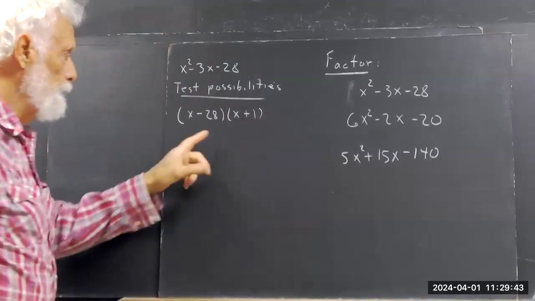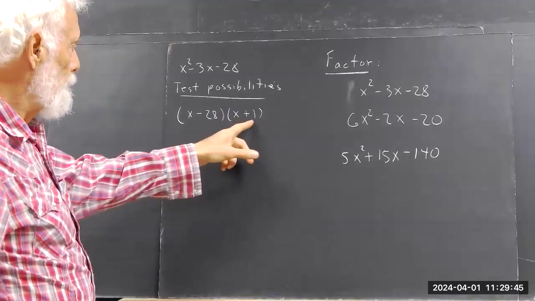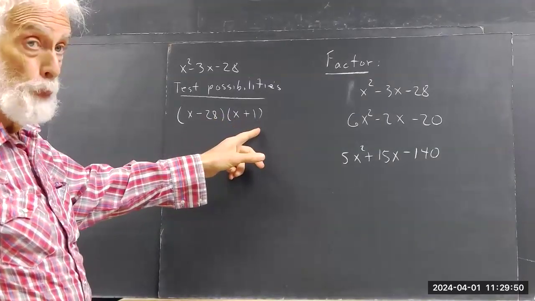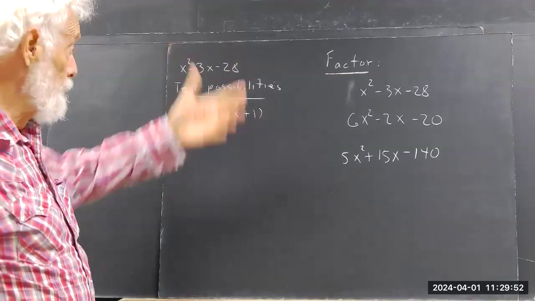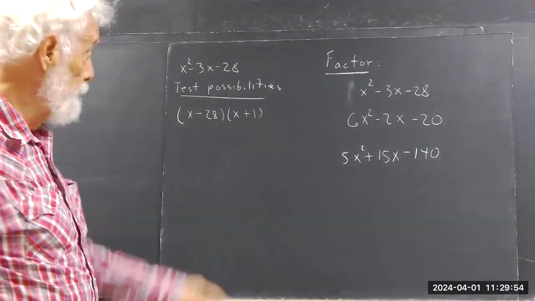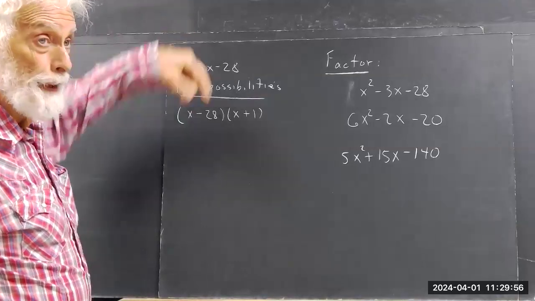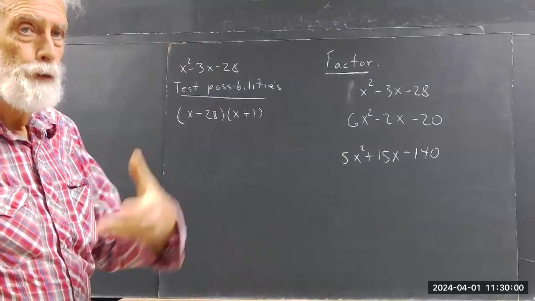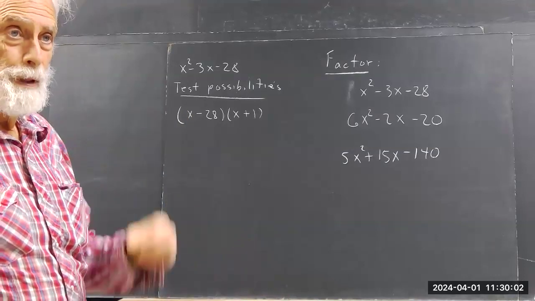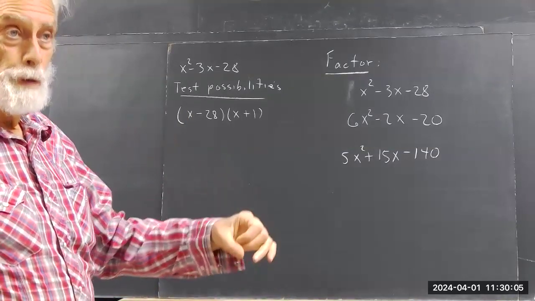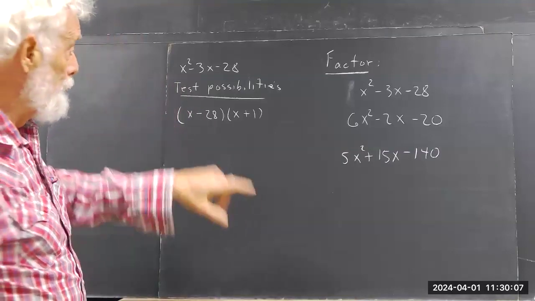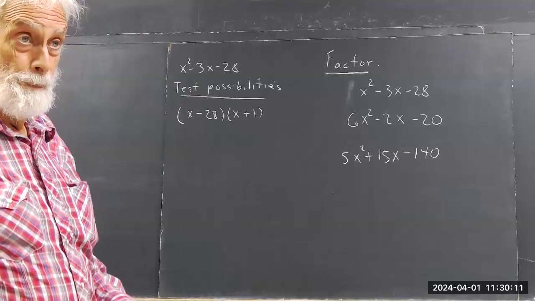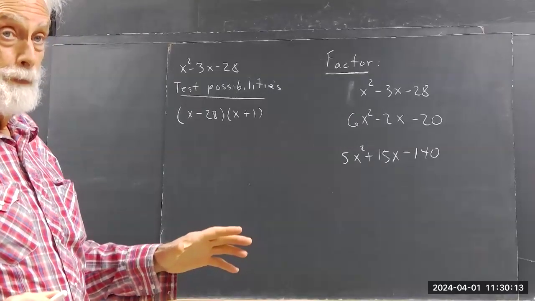It's negative 28. So I know that one possibility for the two numbers here is negative 28 and 1. Now, it's not going to work. If you multiply that out, you're going to get like negative 27x. So it's one you can kind of dismiss after you've practiced several of them and after you see how these things work out. Okay, so that's not going to work, but I'm listing it anyway because you might need to list everything. Okay, you don't want to miss anything at first.